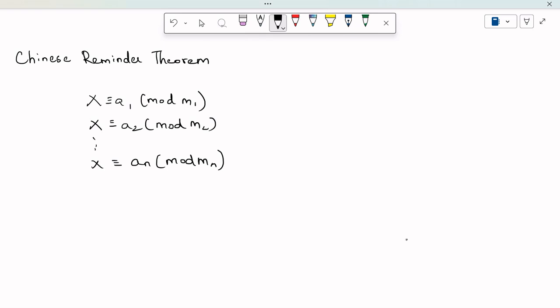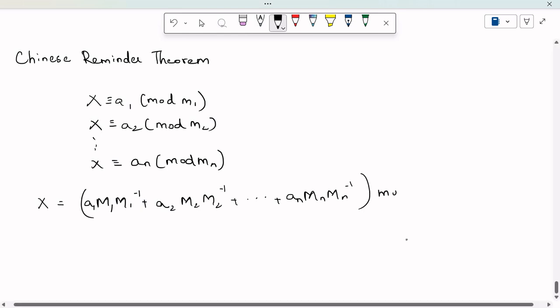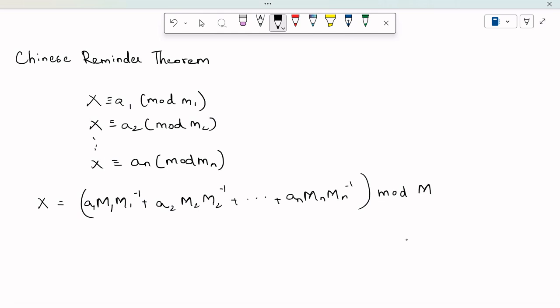So how to find it? x is equal to a1 M1 M1 inverse plus a2 M2 M2 inverse, and like that it goes on till an Mn Mn inverse, mod M. So using this, we can find the value of x.